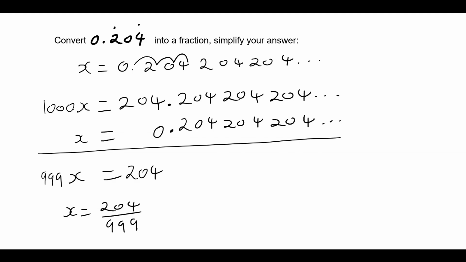I can divide the top and the bottom by 3 to simplify. 204 divided by 3, 6 with remainder of 2, I have 8. I get 68 over 333. I don't think I can simplify any further than that, so that would be my final answer.